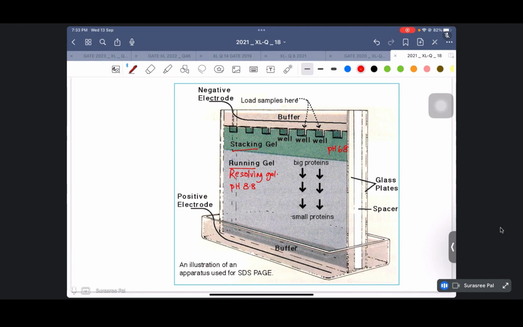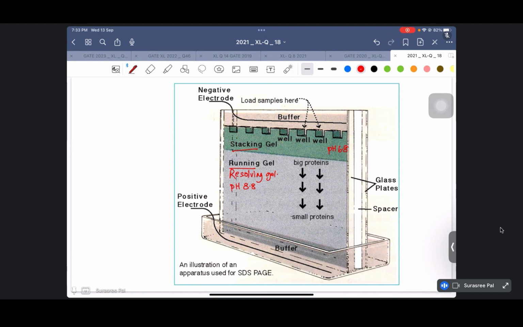The chloride ions are very small, and they come from the Tris HCl buffer. The chloride ions come at the front because they are very small, and so they form a front here.